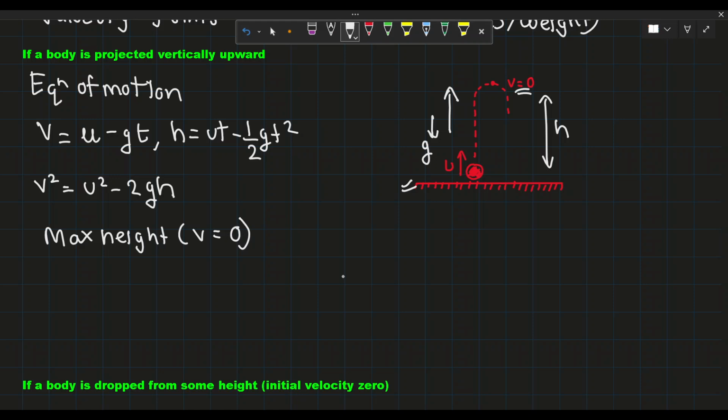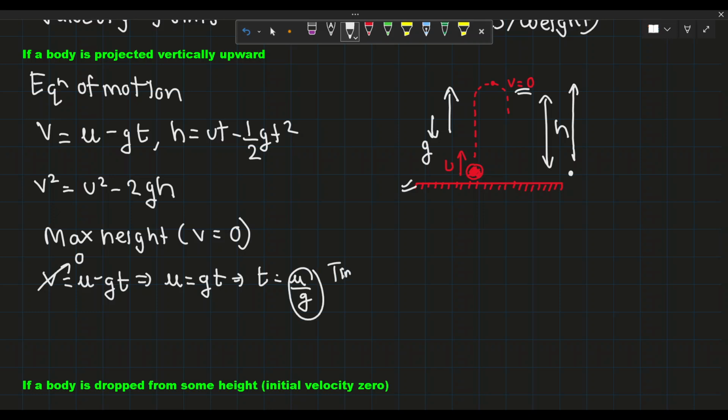Then using v equals u minus gt, with v as 0, you get u equals gt. So your time comes out to be u by g, which means the time required from the ground to the highest point, or to reach the maximum height, is u by g.